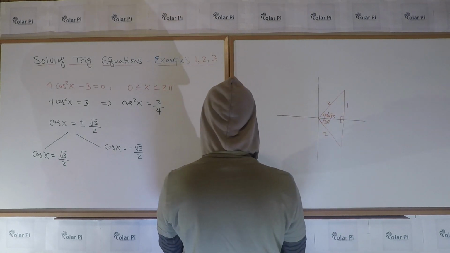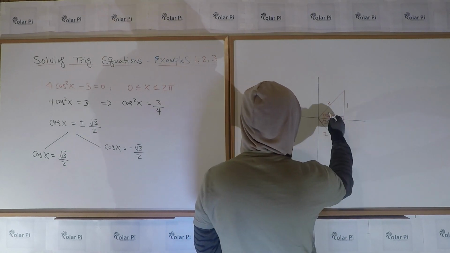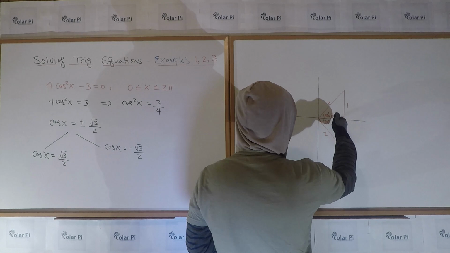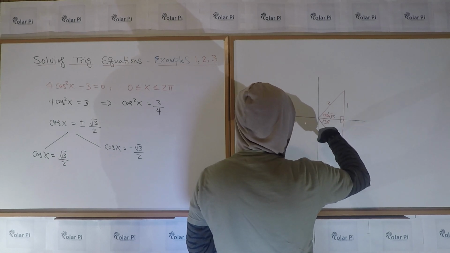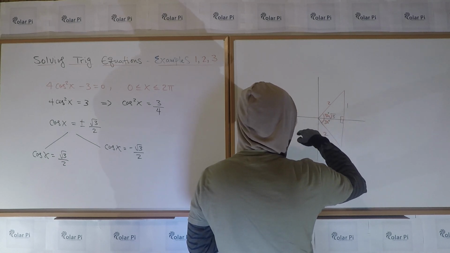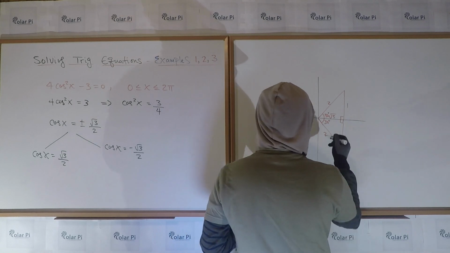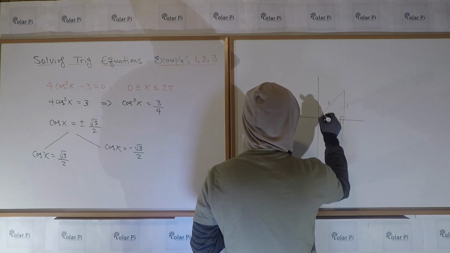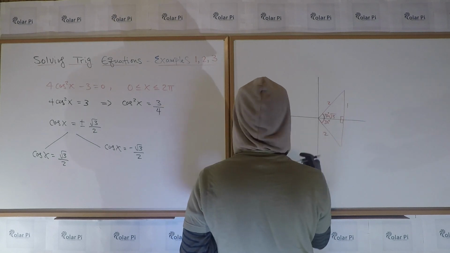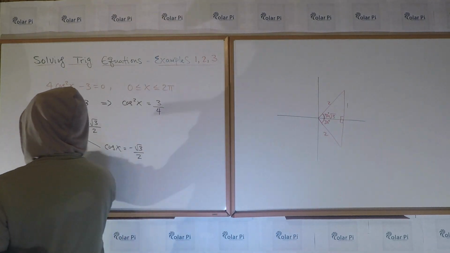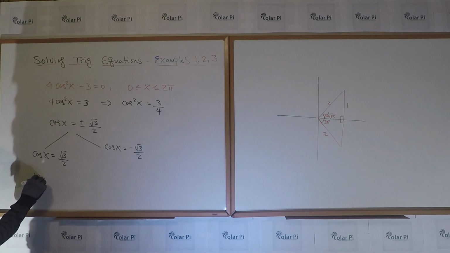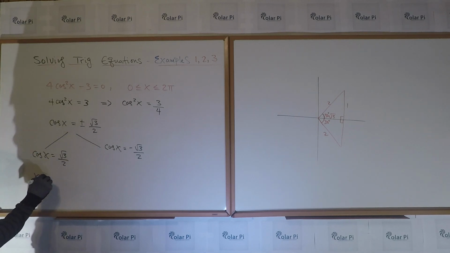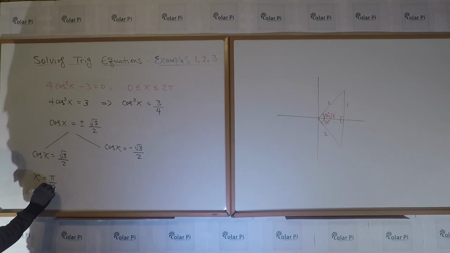However, the actual answers will have to be measured from the positive x, right? Where we go counterclockwise if we have positive angles, and clockwise if we have negative angles. And I'll show you negative angles later. The first answer will be counterclockwise, we go that much, and that's 30. So one of our answers is 30, but 30 in radians is pi over 6, so x equals pi over 6.